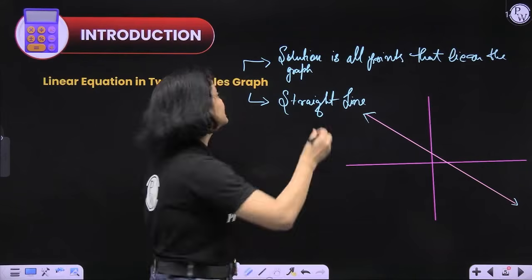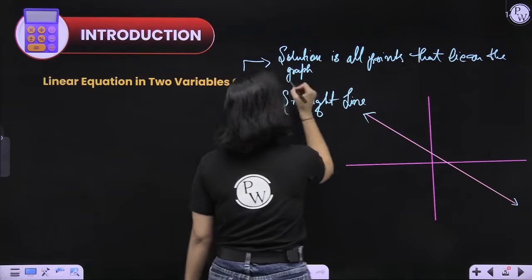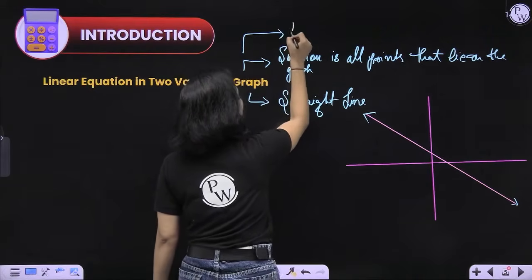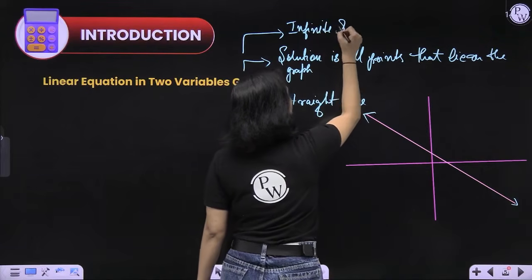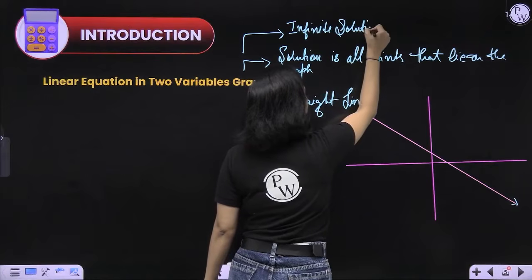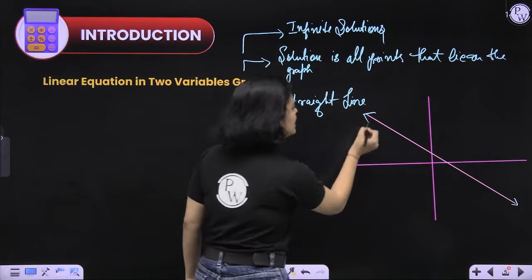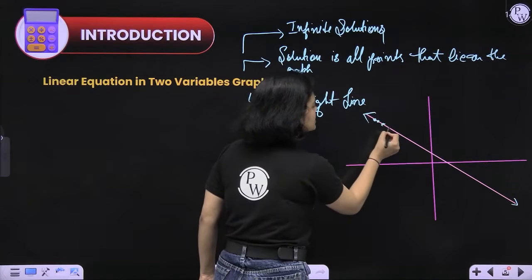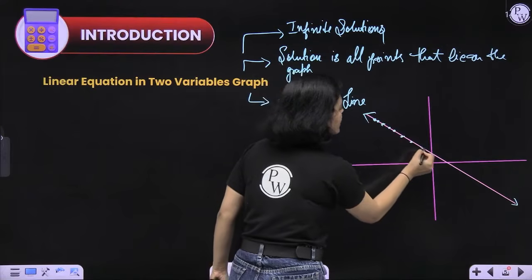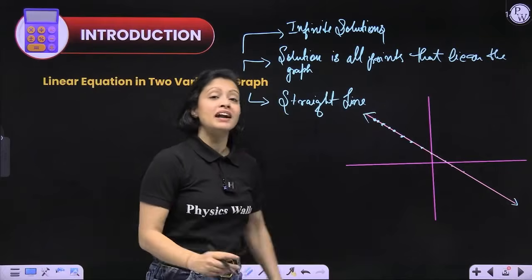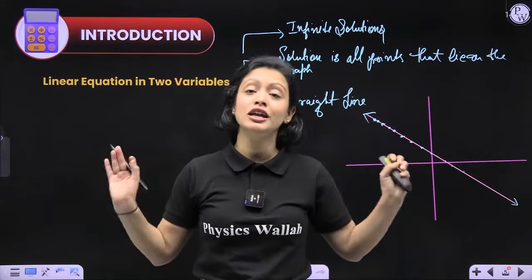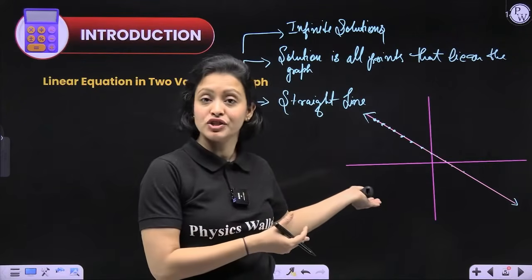Let's write this down: infinite solutions, as infinite points are lying on the graph. This is a point lying on the graph, this, and so on and so forth.